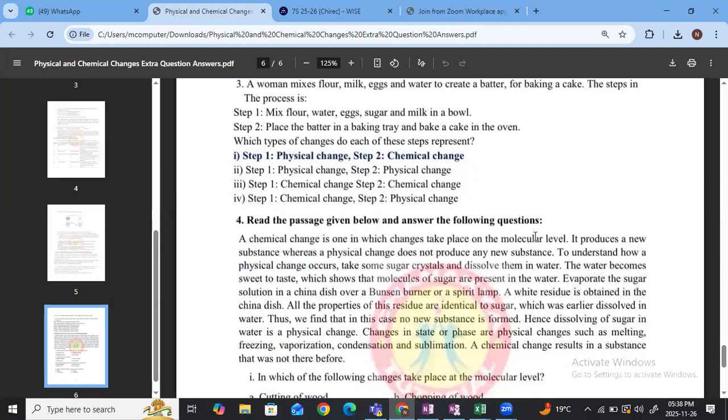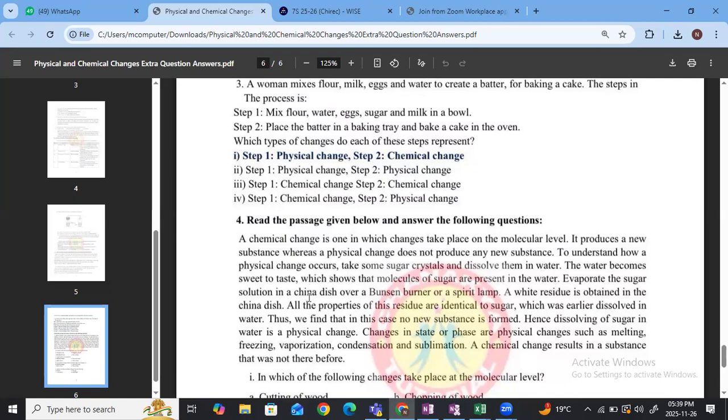Next, a chemical change is one in which change takes place on the molecular level. It produces a new substance, whereas a physical change does not produce any new substance. To understand how a physical change occurs, take some sugar crystals and dissolve them in water. The water becomes sweet to taste, which shows that molecules of sugar are present in the water.